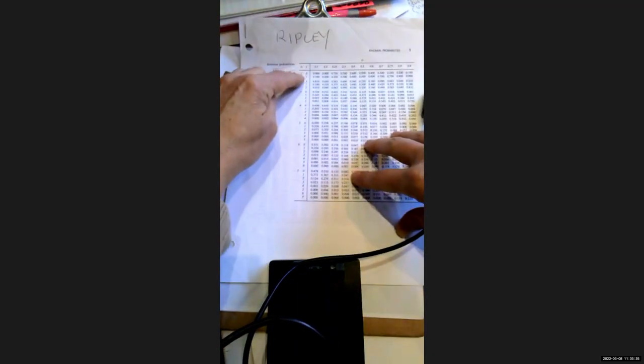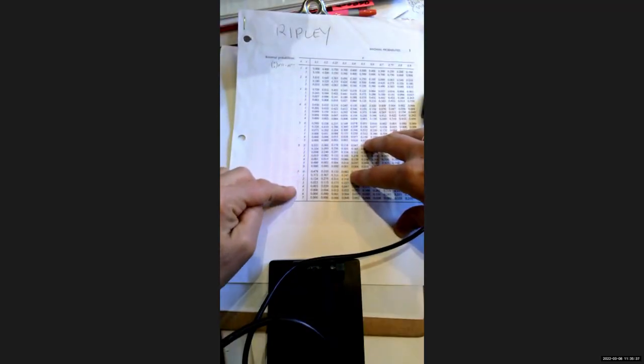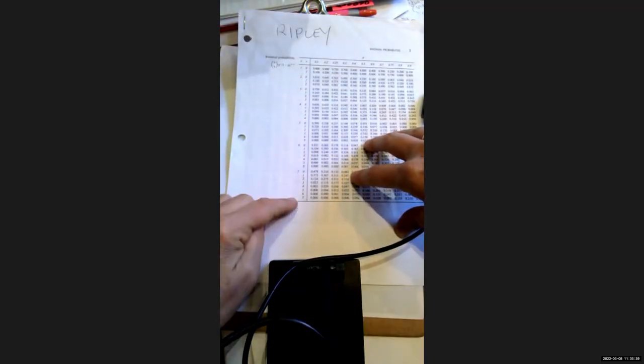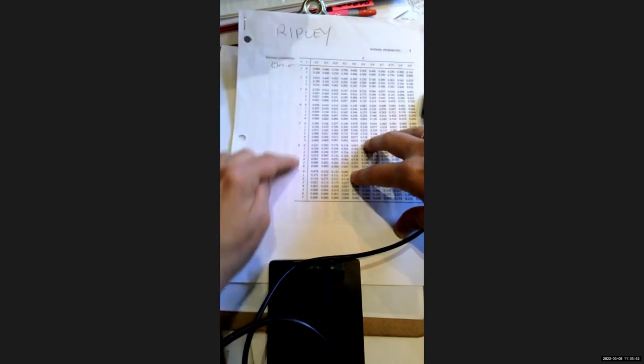So your binomial distribution table has 4 pages: 1, 2, 3, and 4. And those little n's, how many possible outcomes there are in our sample space, are going to be along the side.